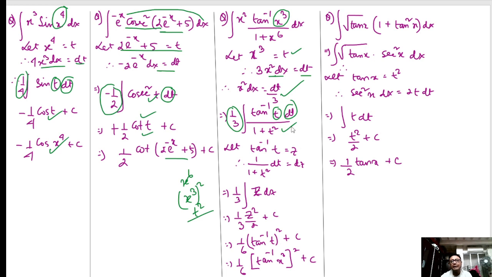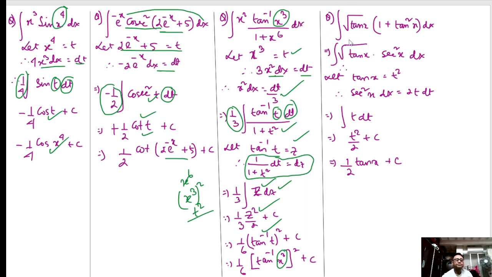Now let us take tan inverse t as z. So differentiating tan inverse t, we get this. So it becomes z dz. It is z square by 2, and z is tan inverse t, and t is x cube. So this is the way we are solving the sum.